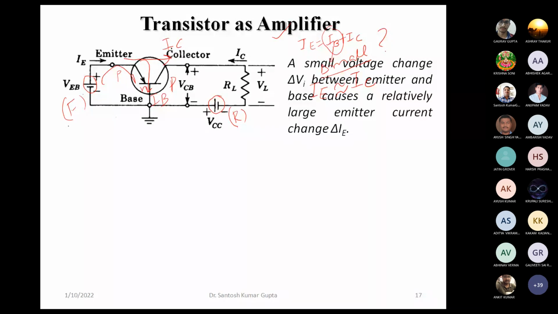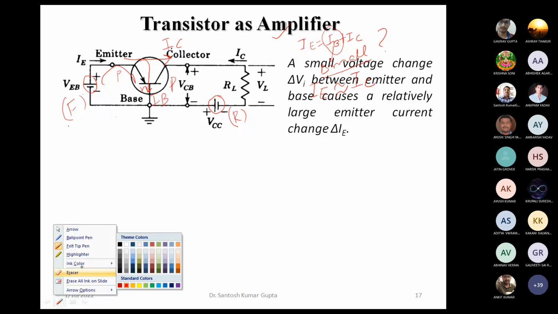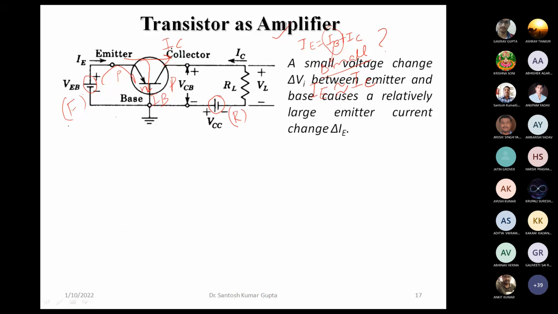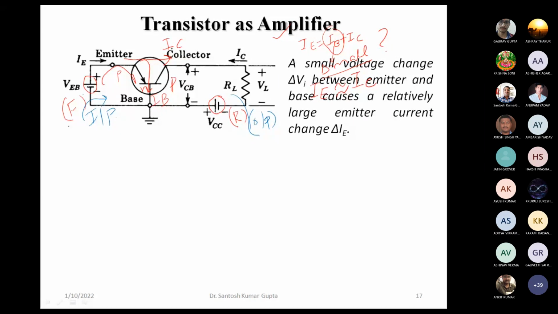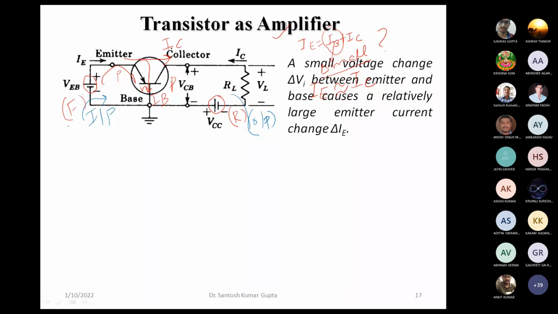Looking at this case, this side is the input and this side is the output. We give some signal from the emitter-base junction side, the input side, and we connect a load resistance at the collector, between collector and base, forming the output side.